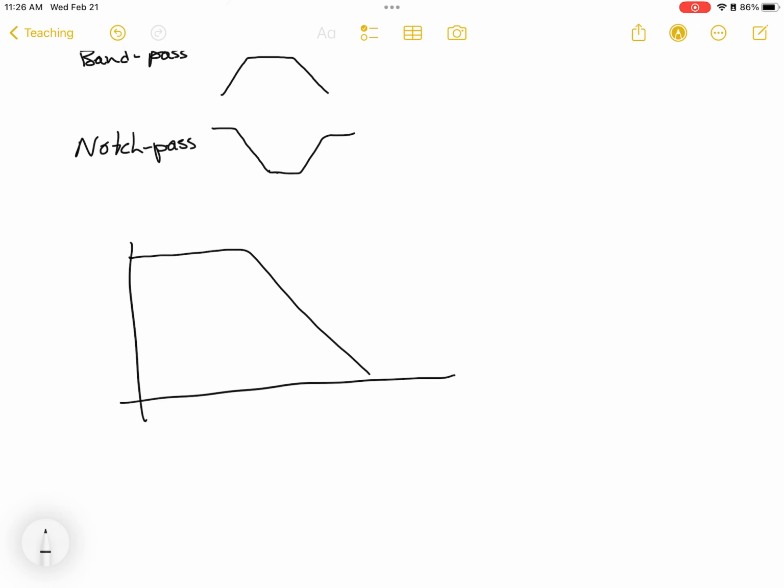We characterize these systems, these filters, with something called a cutoff frequency. The cutoff frequency is going to be right about there, and it's the frequency at which the magnitude ratio B over A equals 0.707.